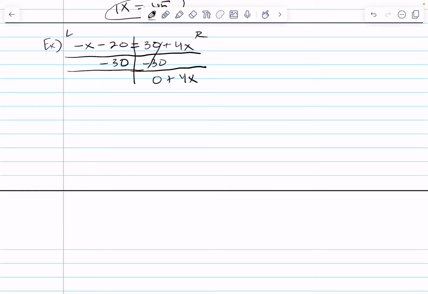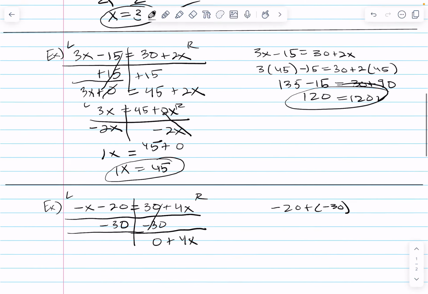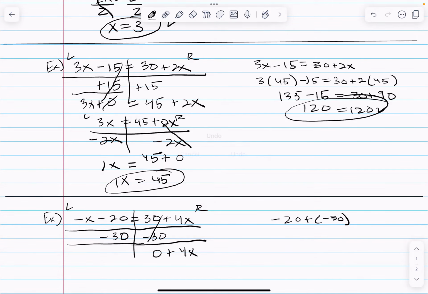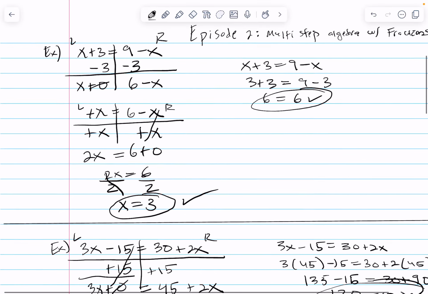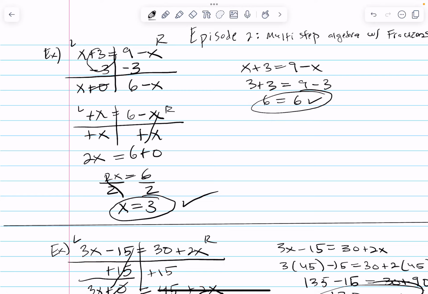Now, when you do it like this, it's important to recognize that it's always in this format: negative 20 plus negative 30. So I would write it out like this, so you don't get confused. All of these questions are like this. Negative 15 plus 15. You're always starting out with this. Even though here it's 3 minus 3, it's more written in this type of format.